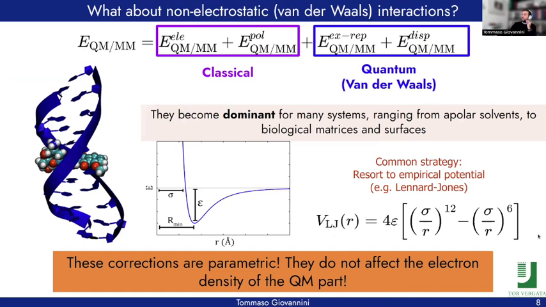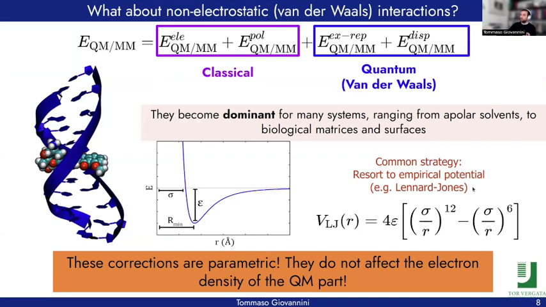Most of you will know the Lennard-Jones potential, right? That has a repulsive part and an attractive part, that is the dispersion interaction. But these corrections correct the energy because they are parametric in just sigma, epsilon, and the distances between the atoms, but they do not affect the electronic density of the QM part. So they do not enter the Hamiltonian and do not propagate to the properties.